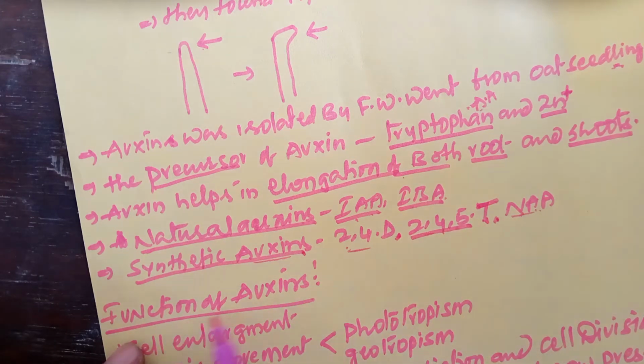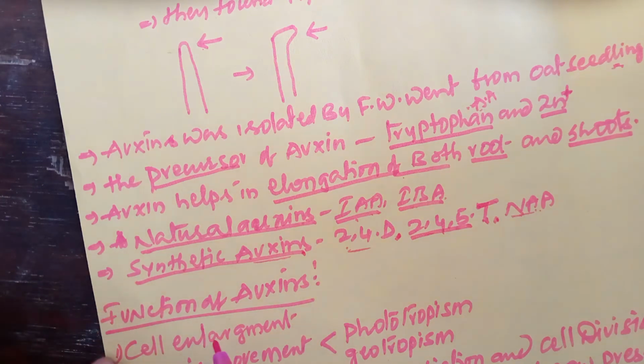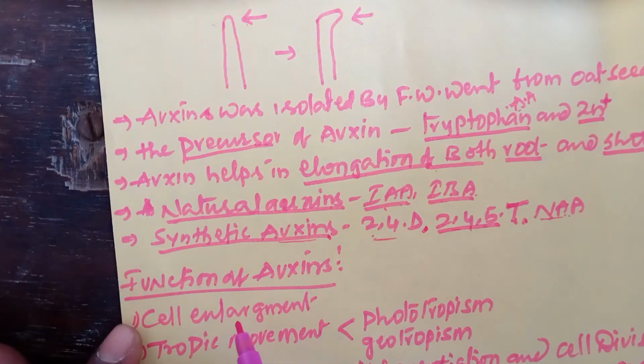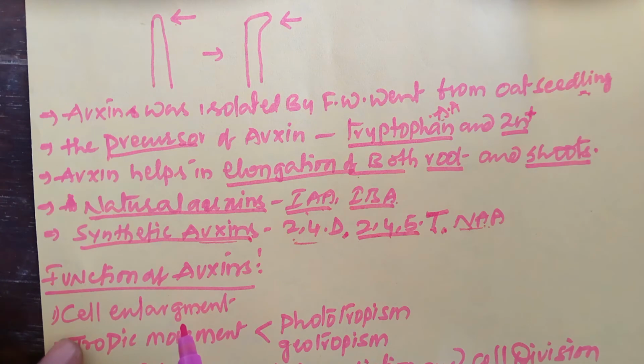Now come to the functions of auxins. The major function of auxin in the plant body is elongation of cells or enlargement of cells. It means the cell size is increased by the influence of auxins.